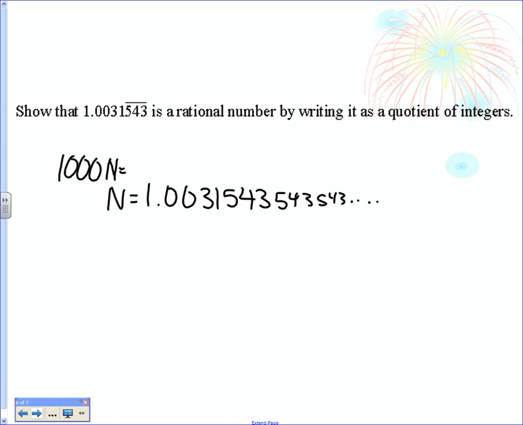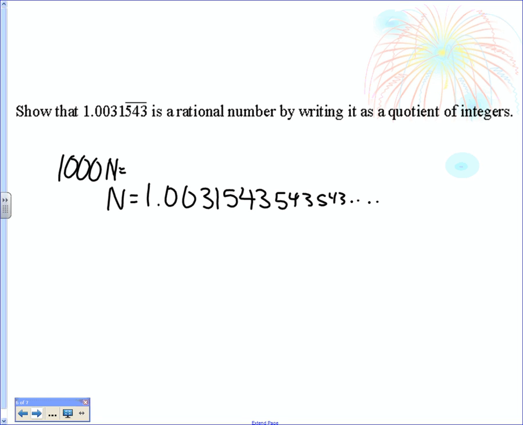So if it was 0.33333, how many decimal places repeat? 1. Just the 3, right? So you would multiply it by what? By 10. Okay. So when we multiply this number by 1,000, where is our new decimal place going to be?